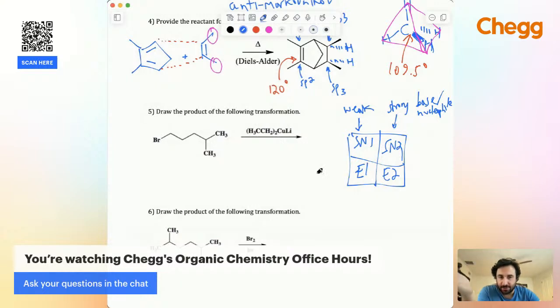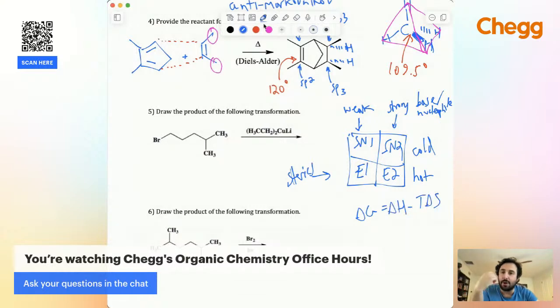Then there are some other factors. Sterics: if the base is very sterically hindered, we would go elimination. Also temperature: hot tends to favor elimination, cold tends to favor substitution. That's because of the Gibbs free energy equation.